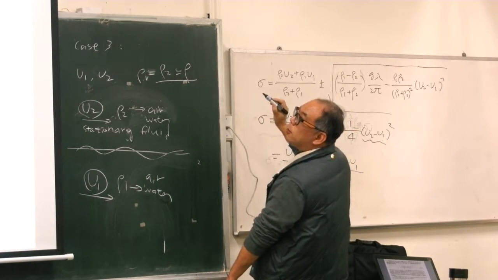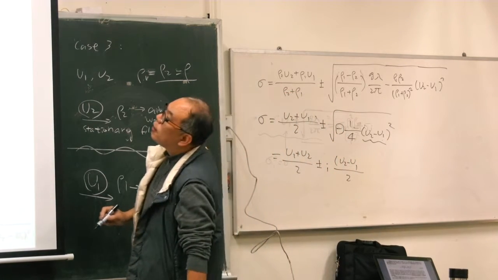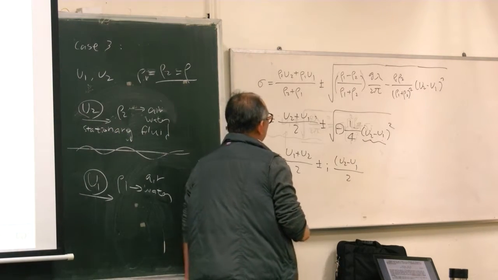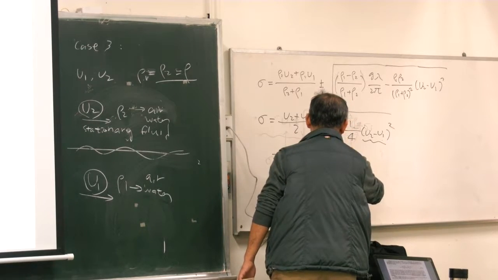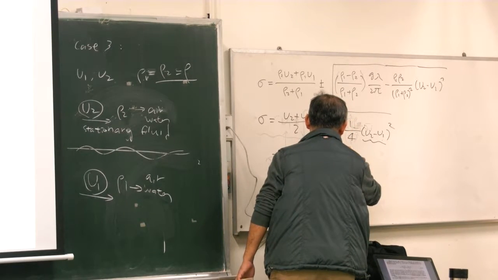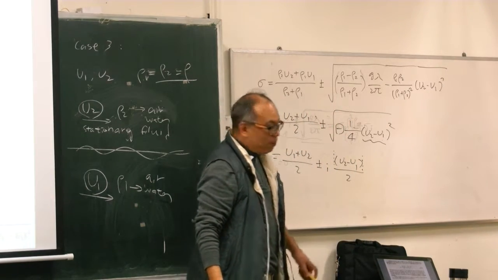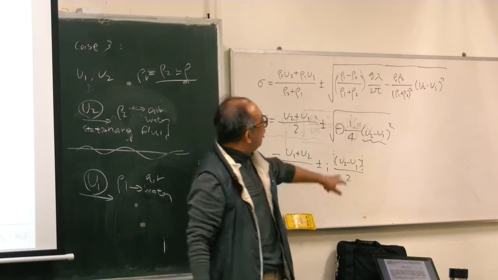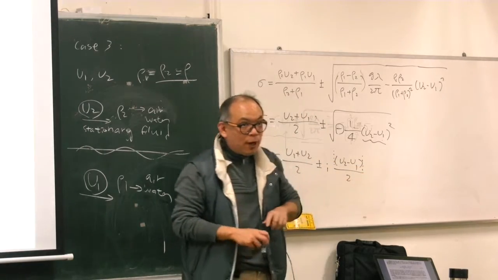Should we have the absolute value for this? Let me put the absolute value for this. Is that right? It should be, right? Because once you want to take out this square root, you should be positive here.